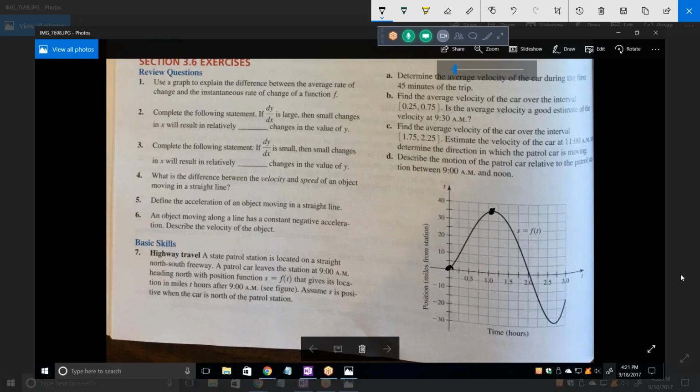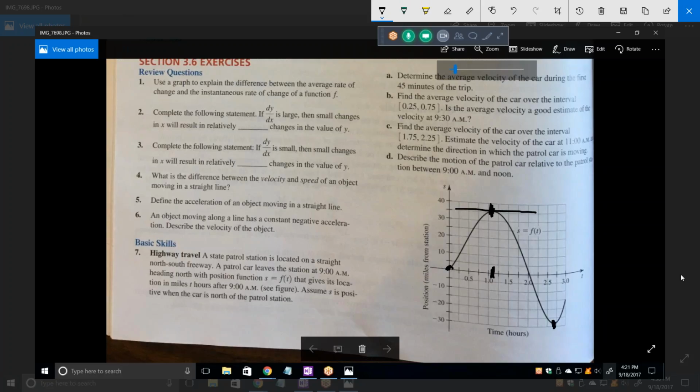Then he stops right there, because the slope of the tangent line is 0. The slope of the tangent line is the velocity. So if the slope of the tangent line is 0, he's stopped. And then from this point all the way down to here, he's headed south.